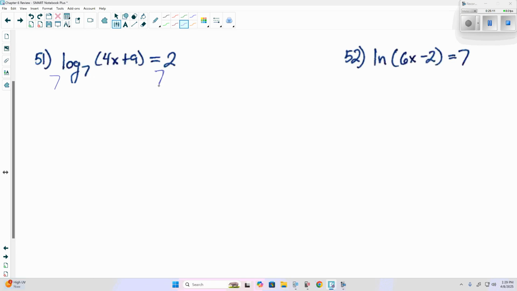Because 7 to the log base 7 will simplify out, leaving us with 4x plus 9. Now the question is, is 7 squared a nice number? Yeah, it's 49. If that other side does simplify nicely, simplify. If it doesn't, leave it alone.